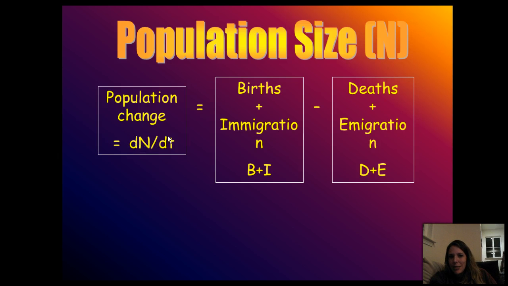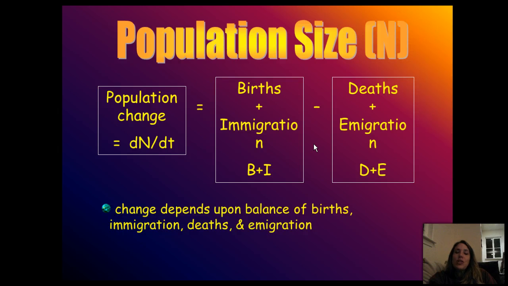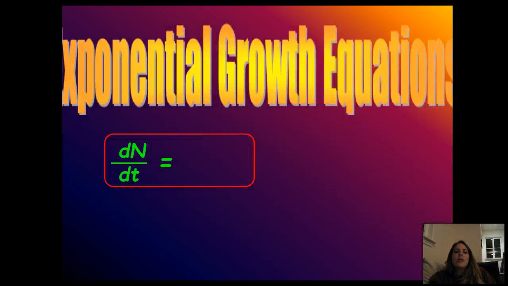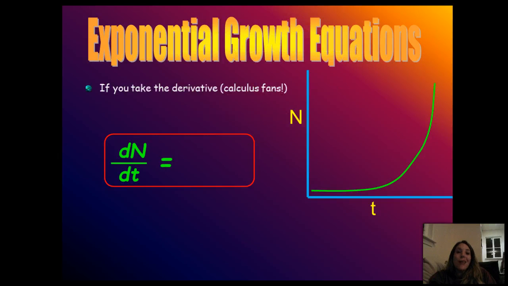I called it D here for simplicity, but I could have put a triangle here as well. So the change in population size, the change in density, over the change in time is going to be how these two things are changing through time. That change is going to depend on this balance of births and immigrants and deaths and emigrants. So, again, ecologists like math.